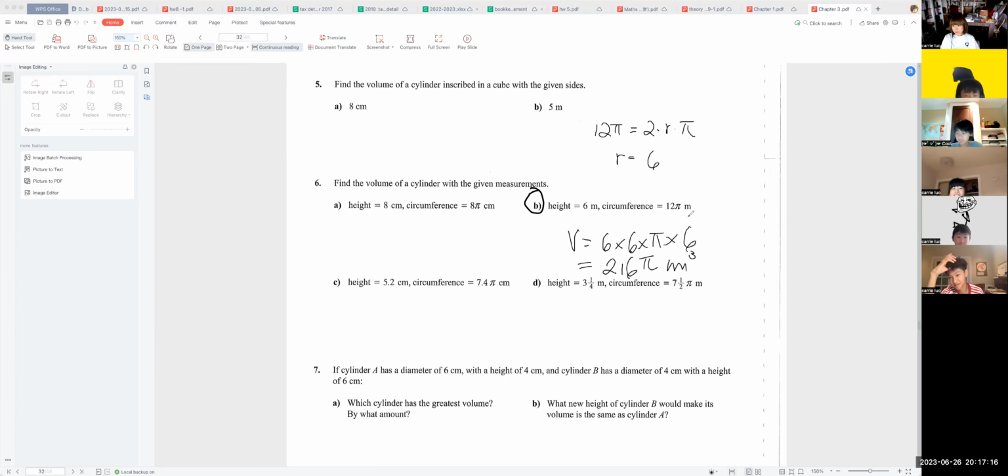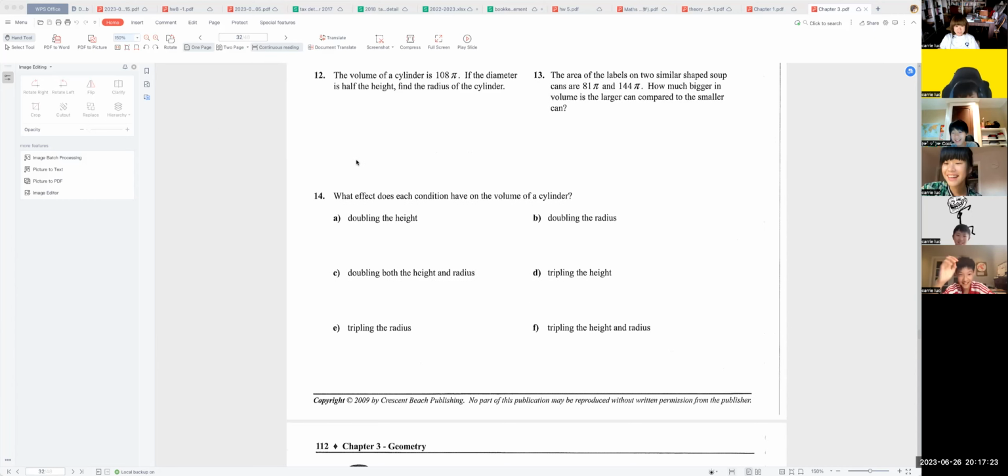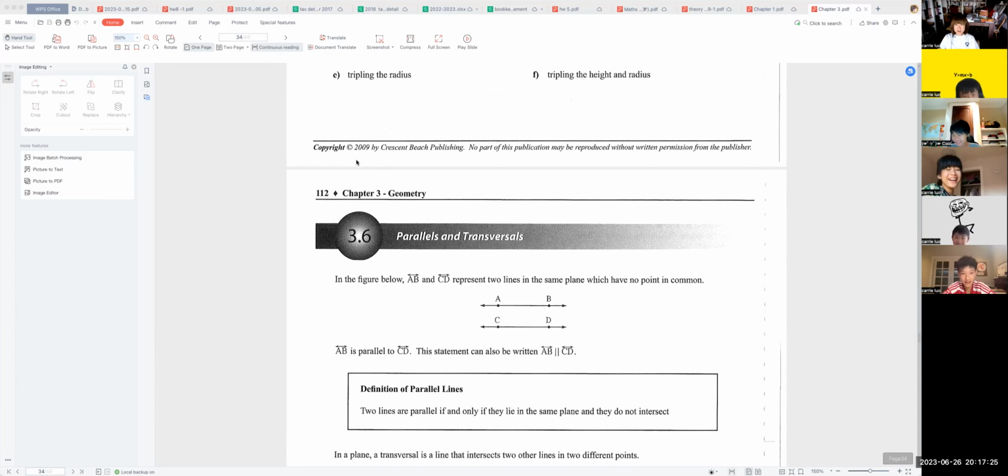meters cubed. OK，好，现在我们开始学 parallels and transversals。OK，so let's take a look at this one。这个很多小朋友都做的不太好。在任何一个平面上面，if we have a parallel line, so there's a very important thing, everybody.